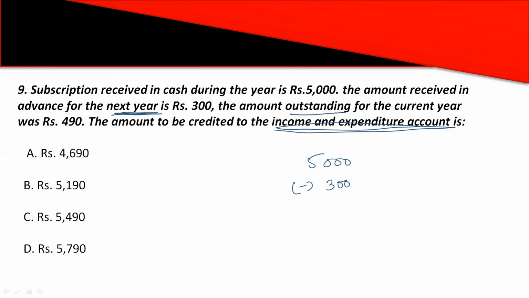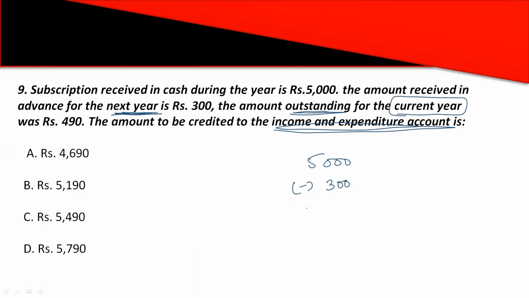Then the amount outstanding for current year was rupees 490. Outstanding in the sense, the amount that we have to receive, still we have not received it. We can also call it accrued subscription, or outstanding subscription. It belongs to the current year, it's directly given in the question.